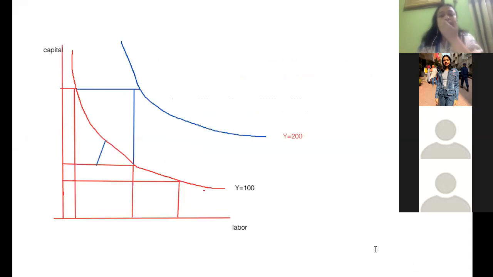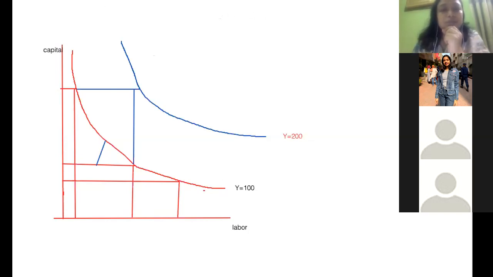We learned that with labor and capital, using different combinations, you can produce the same level of output that is reflected by an isoquant. So one isoquant reflects various combinations of labor and capital generating the same level of output. Higher isoquants reflect higher levels of output, right? And isoquants can never intersect. It's a downward sloping curve.